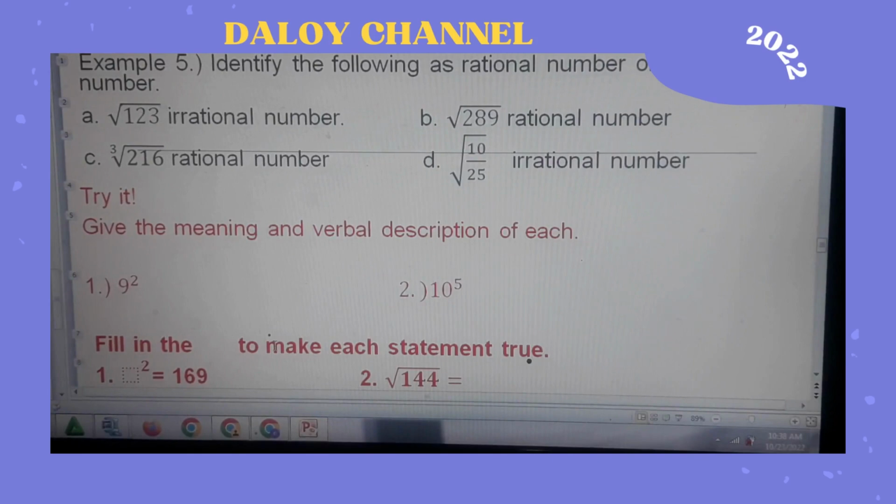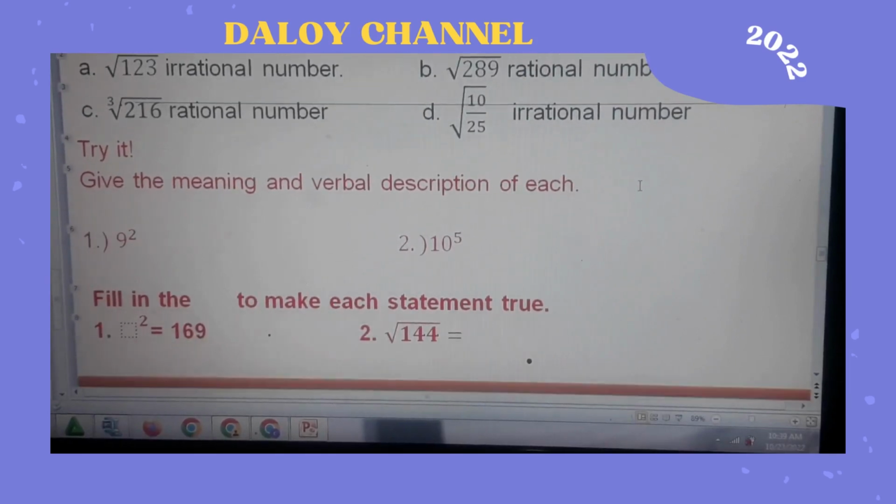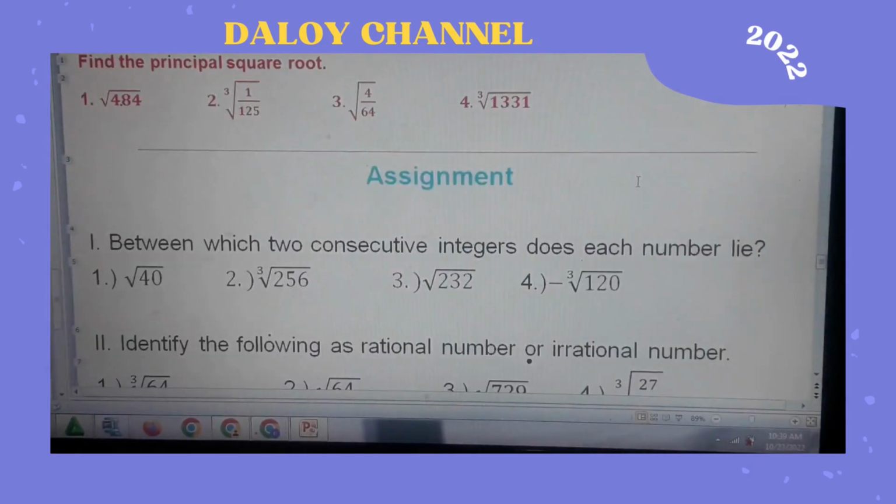And letter D, square root of 10 over 25, is an irrational number. So much for our discussion. You try to answer the try-it activities and follow the instructions accordingly, and so with the assignment provided here.